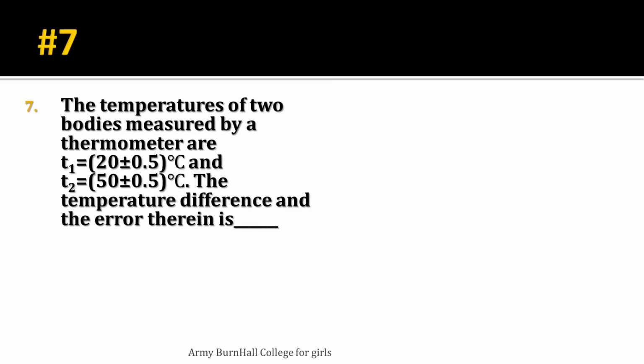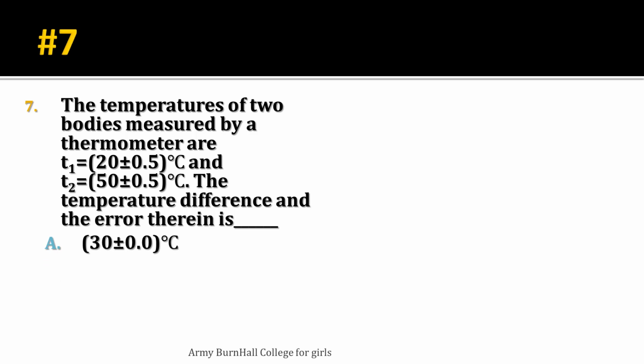Number 7, the temperatures of two bodies measured by a thermometer are T1 equal to 20 plus minus 0.5 degrees Celsius, T2 is 50 plus minus 0.5 degrees Celsius. The temperature difference and the error therein is: we have two temperatures, we have to calculate their difference.